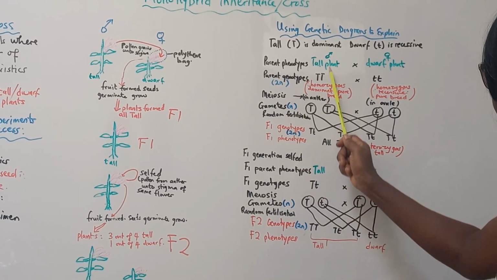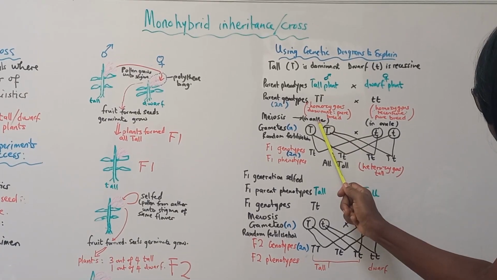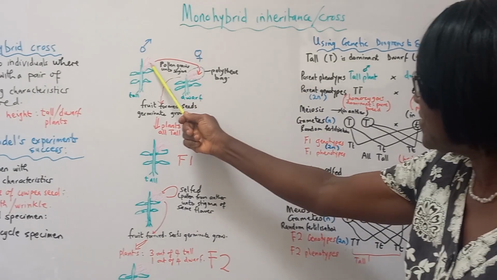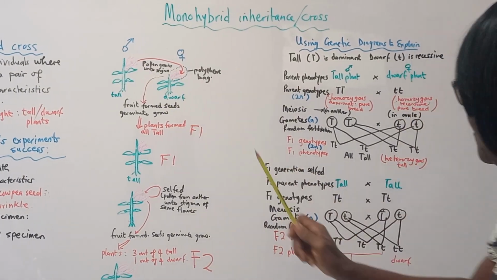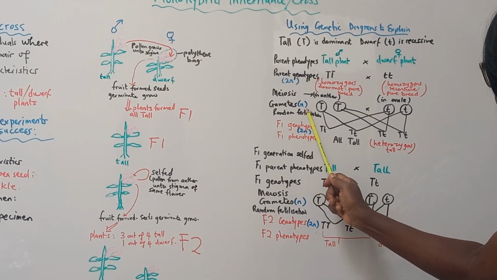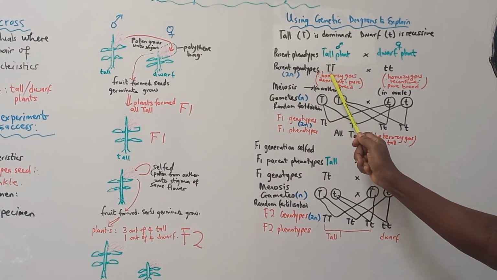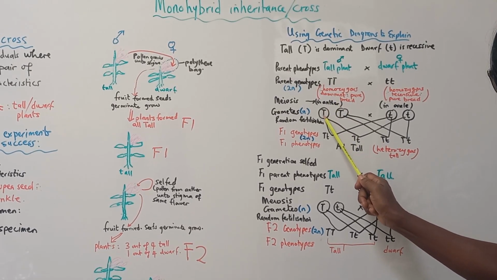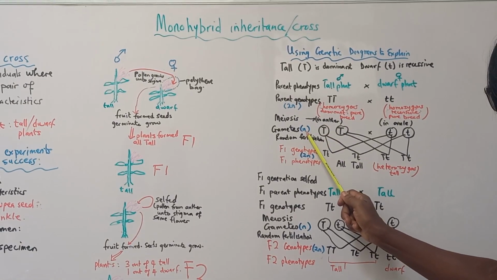Meiosis takes place in the anther of the male plant. Meiosis takes place in the ovule. We explained all these in our last two lessons. So meiosis, and then gametes are formed. You see this parent is big T. All the gametes that will be formed will have only big T, and the gametes are haploid.